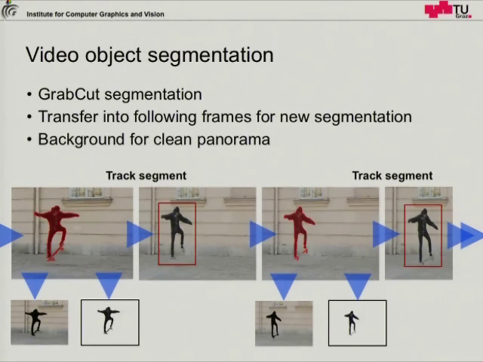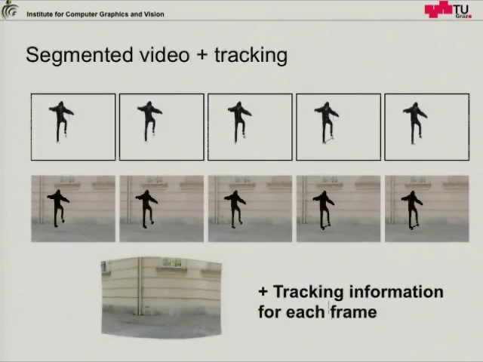We need to identify somehow the object of interest here, which is kind of indicated at the beginning, and then with GrabCut, we extract it and transfer it from frame to frame to get like a segmentation in the videos. And by doing that, we get, on the one hand side, the segmentation of the object of interest here, but we also get a mask for the background.